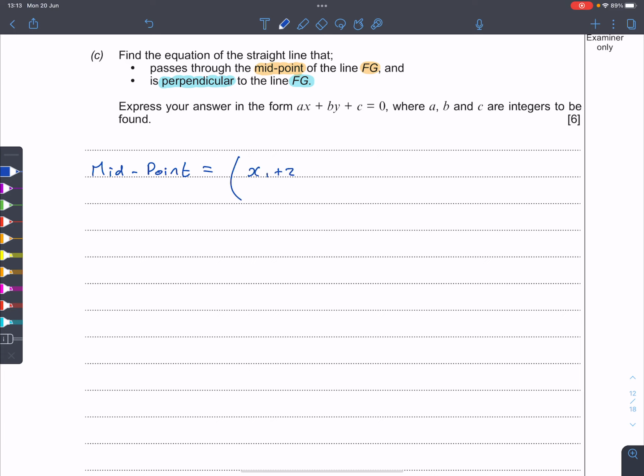So x1 plus x2. And divide by 2. Essentially, we're finding the mean or the median, whichever one you want to think of, of our x values, and the same for our y values. So y1 plus y2 over 2.